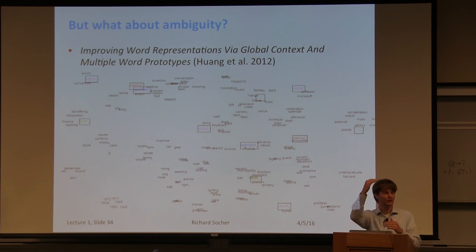The models that you put on top of that, which we'll cover in the next couple of lectures, will do just as well whether you do this as a pre-processing step or you don't. So in many cases, if you just have a very high dimensional vector, it turns out that some of the dimensions implicitly seem to capture that words can have different meanings. So as cute as this idea was when we published the paper in 2012, I don't think it's very necessary for most of your projects.